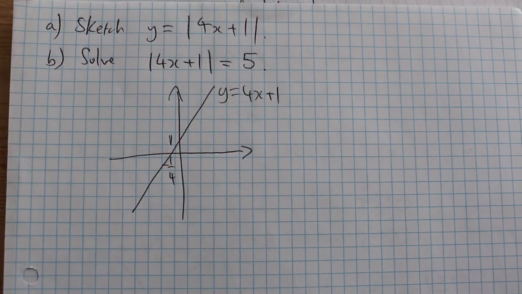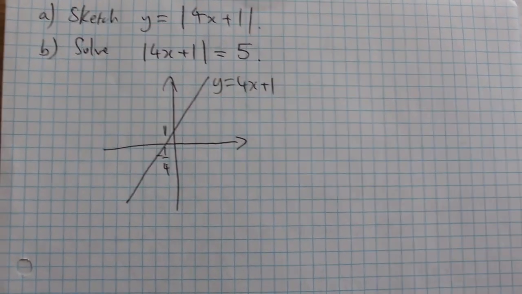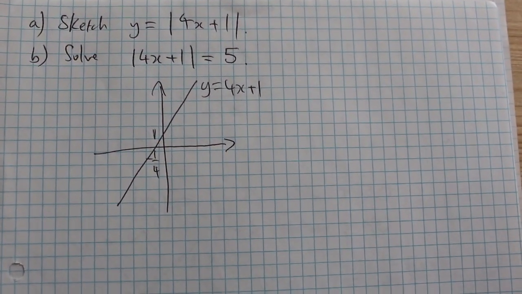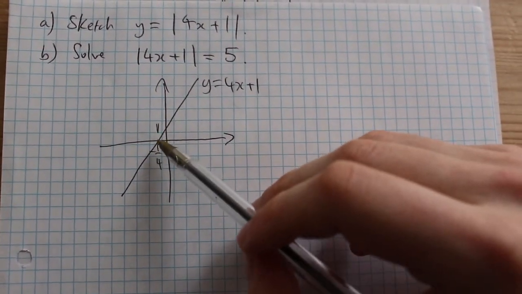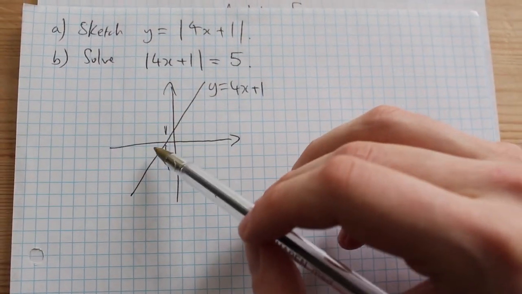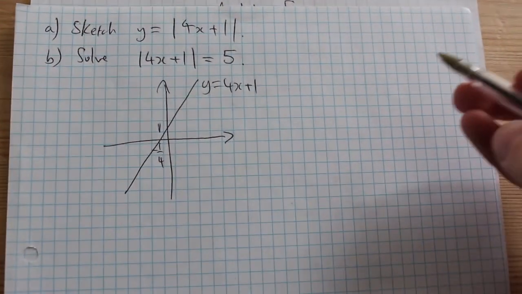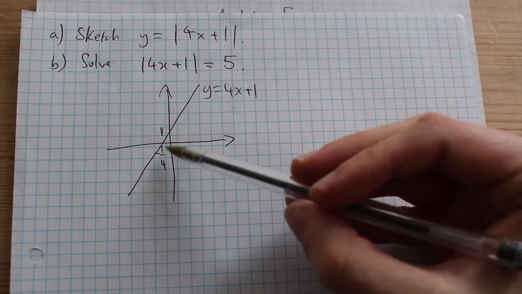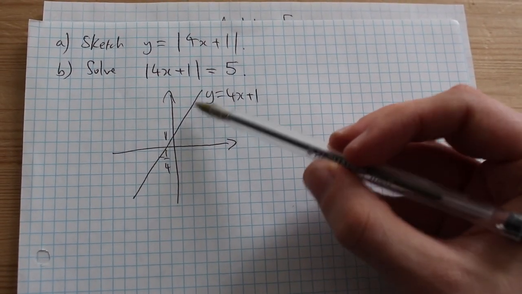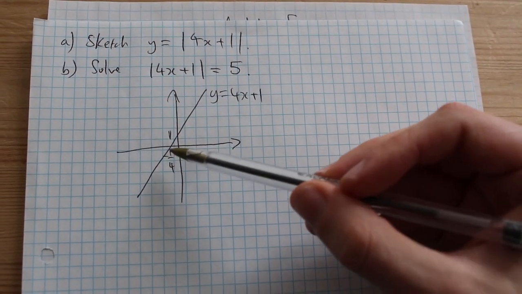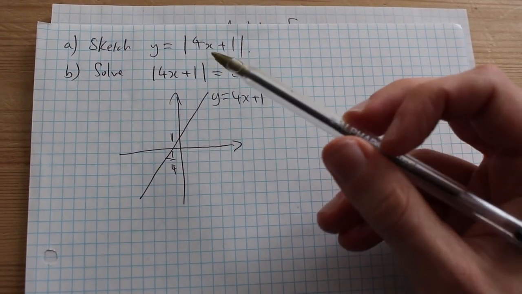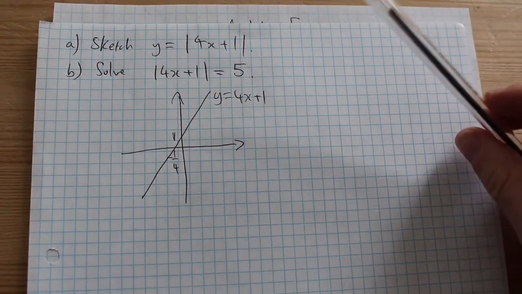And then we want to draw the modulus of that. So remember, the modulus of a positive number is that number. So whenever the graph gives a positive y value, the modulus of that y value is again just the same thing. So here above the x-axis, we still get the same line. But when 4x plus 1 is negative, when y is negative in this graph, the modulus returns the positive value.